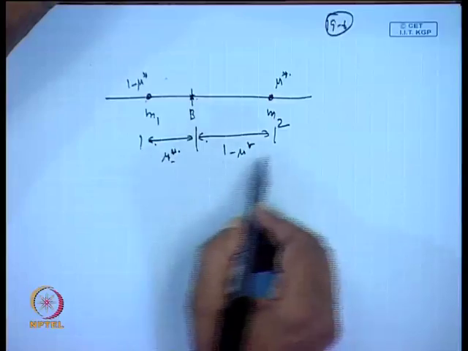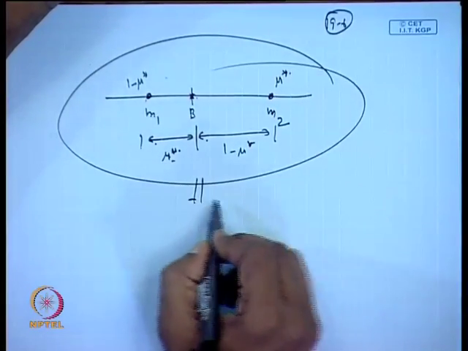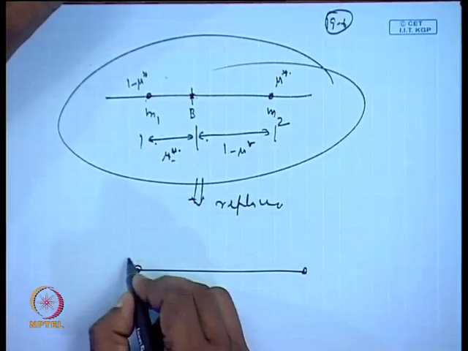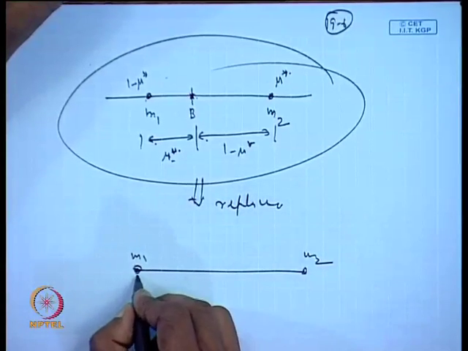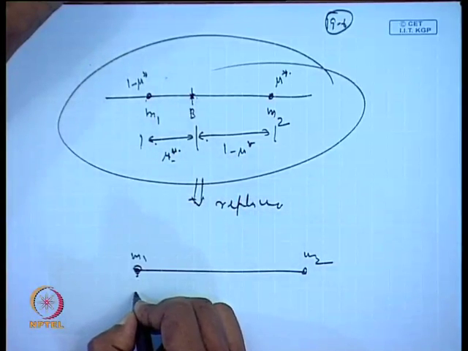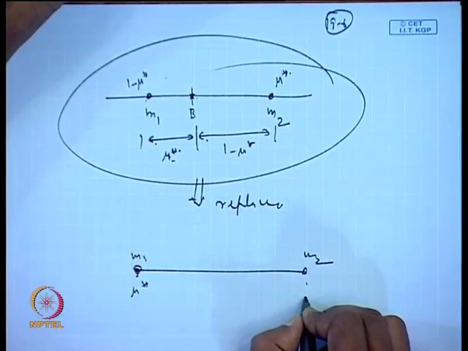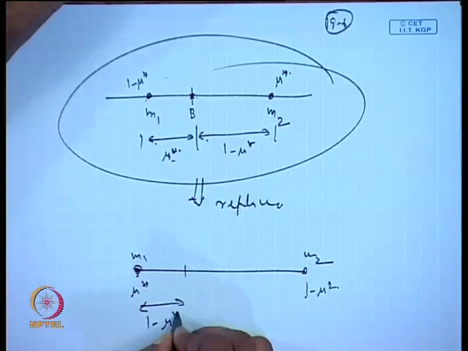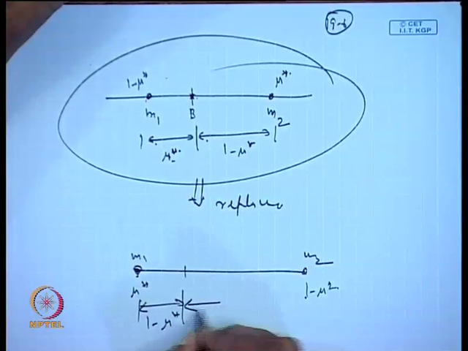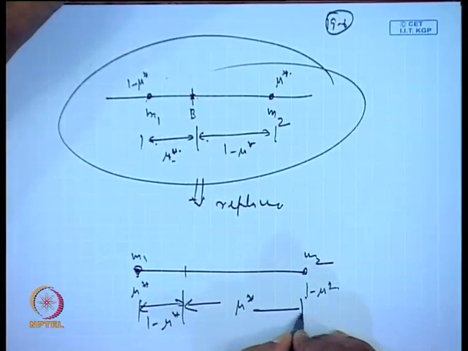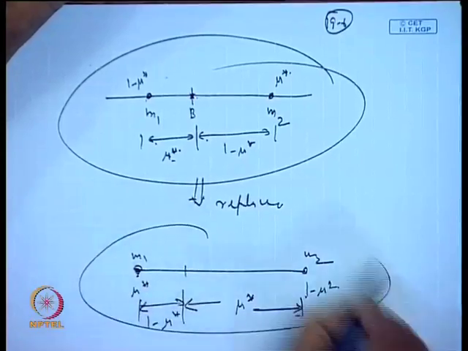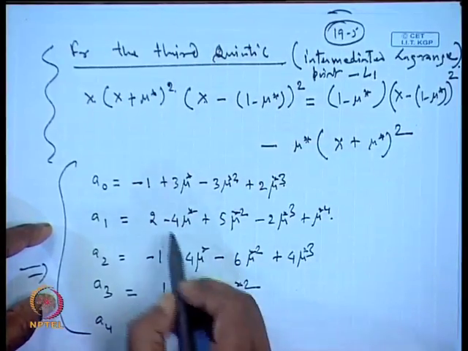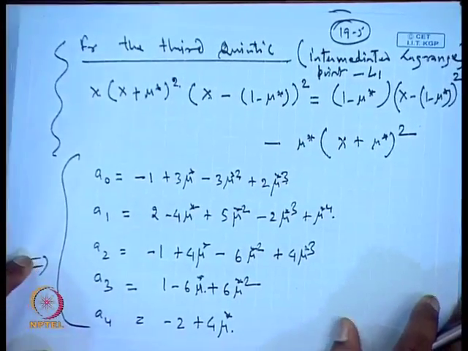So, instead of doing this, if you replace the same thing as m 1 and m 2, then on the normalized scale you write this as mu star, and this one you write as 1 minus mu star. Obviously, this distance then will become 1 minus mu star, and the distance from here to here will become mu star. So, if you replace it with this, the coefficients of these quintics that we are writing here, the sign of them will change. So, this must be taken care of.